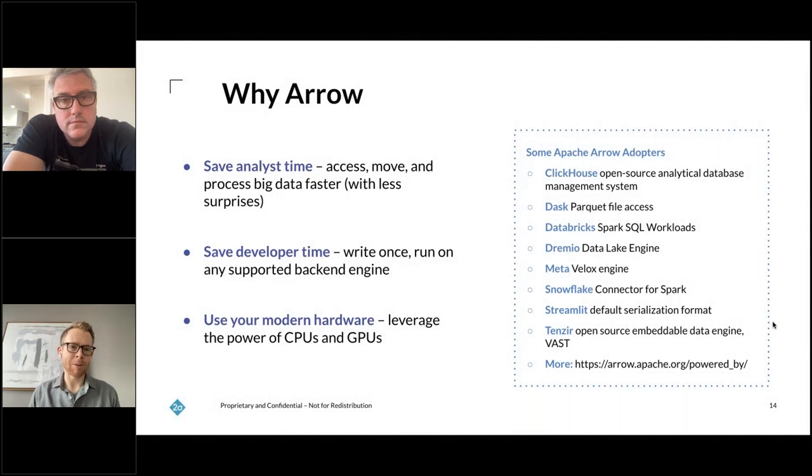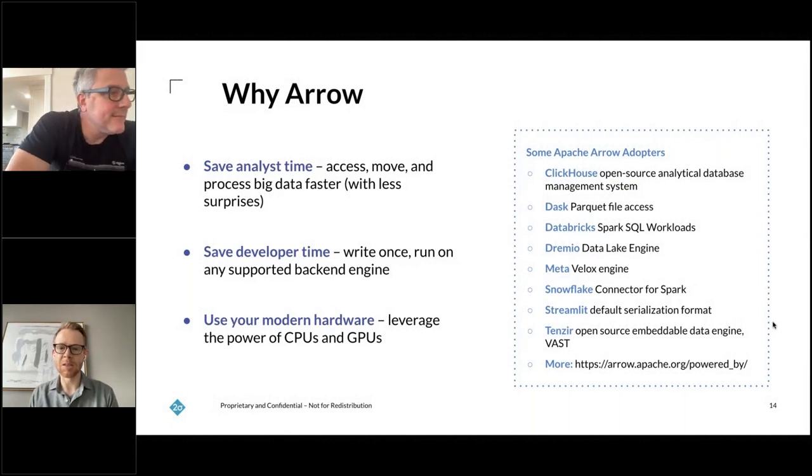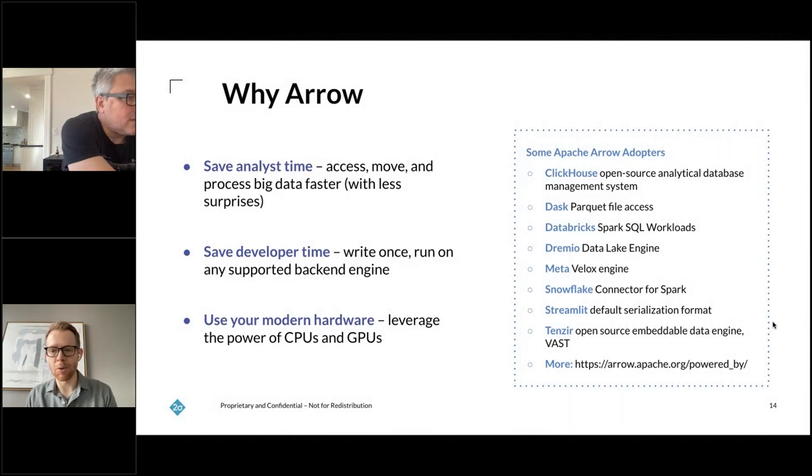And by using Arrow, we simplify the problem for the hardware developers, where they can specialize their hardware capabilities toward processing Arrow. It's been really exciting to see the uptake in the open source community, in database systems, distributed processing engines. A lot of the major tech companies are using Arrow for different layers of their stack to accelerate connectivity to the data science ecosystem, to improve processing efficiency, and to make their systems faster, simpler, and more efficient.